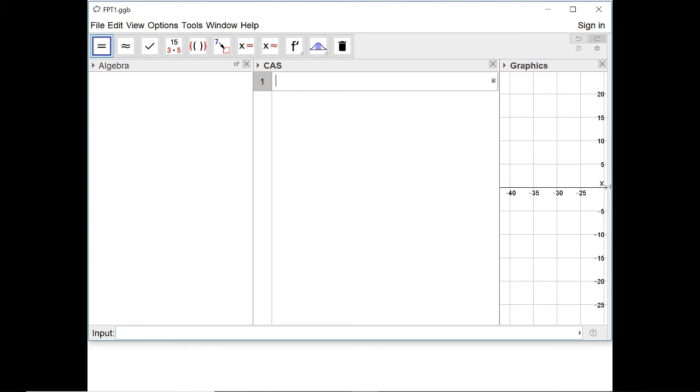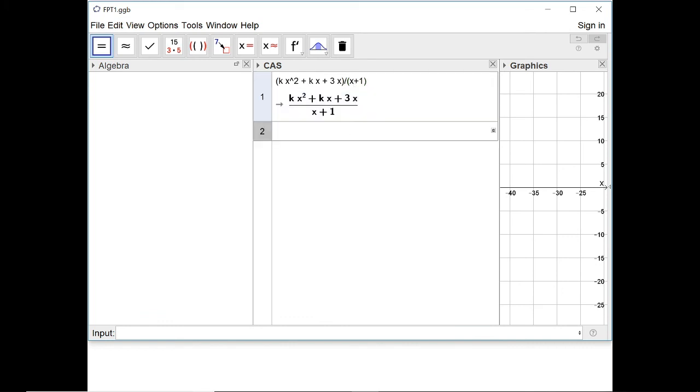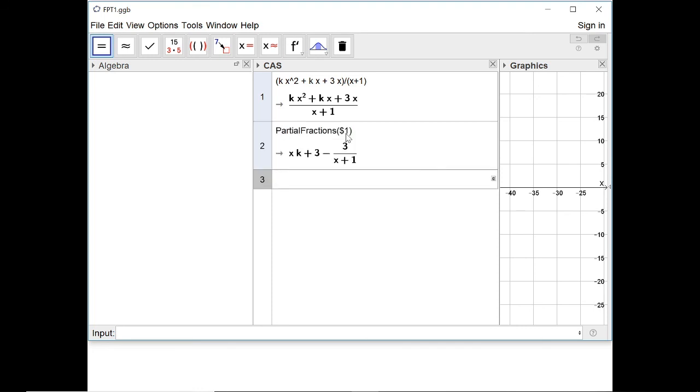So I'll put my expression in, the numerator was k times x squared plus k times x plus 3 times x, in some brackets, and then divide by x plus 1, and then I can just type in partial fractions of expression 1, and it rewrites it for me as xk plus 3 minus 3 over x plus 1.